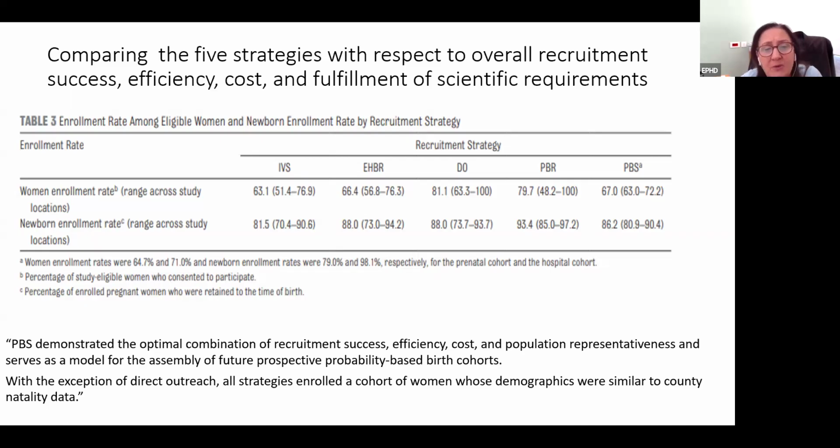But the most important message from this one is that it really differs. The type of strategy also dictates the proportion of women who would enroll, which means the participation rate. That one specifically talks about the participation rate, meaning your success in enrolling women in your cohort.